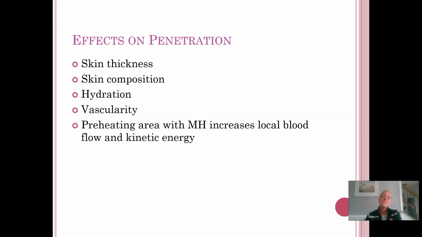And then there was a thought about preheating the area with moist heat, which would increase local blood flow and kinetic energy, hopefully open up the skin pores and allow the medication to travel through more easily. The only problem with that is that heat also causes vasodilation, so the blood is going to be flowing more readily through that area, and it's also going to wash away some of your medication as well.